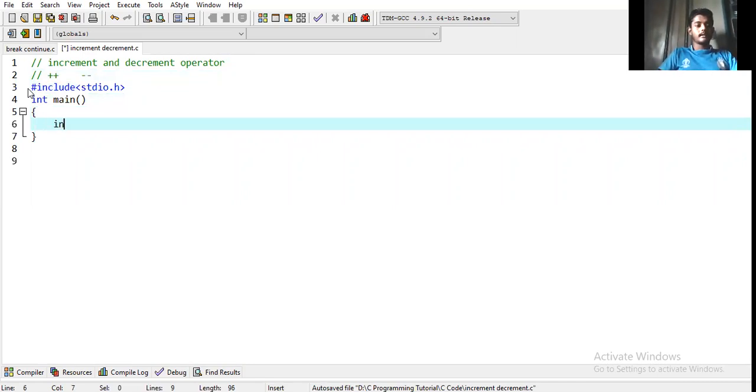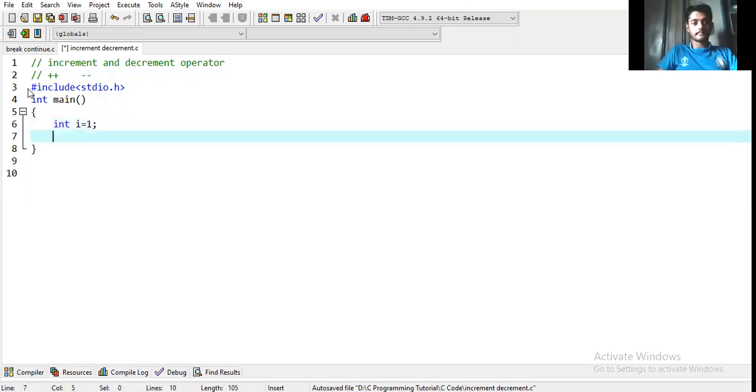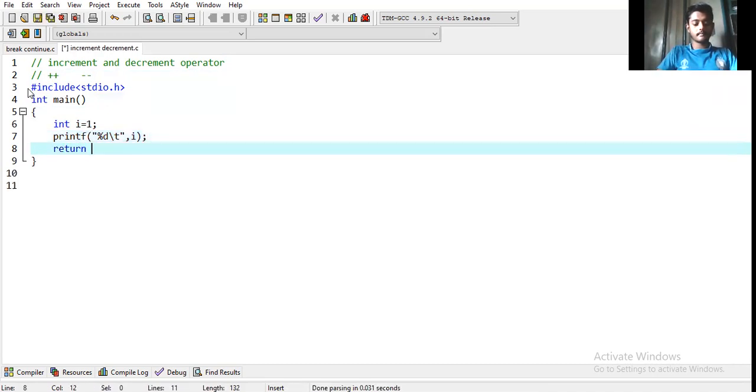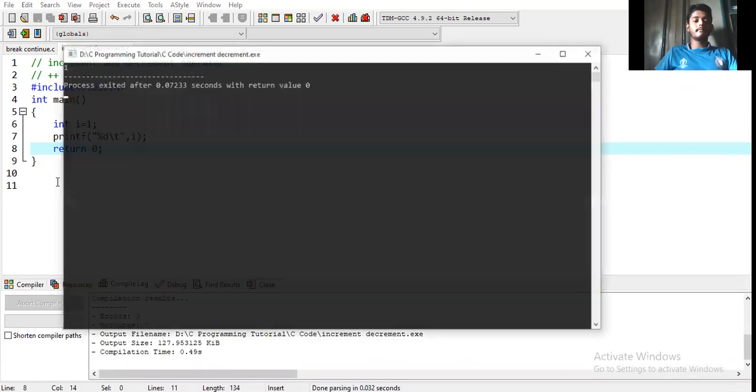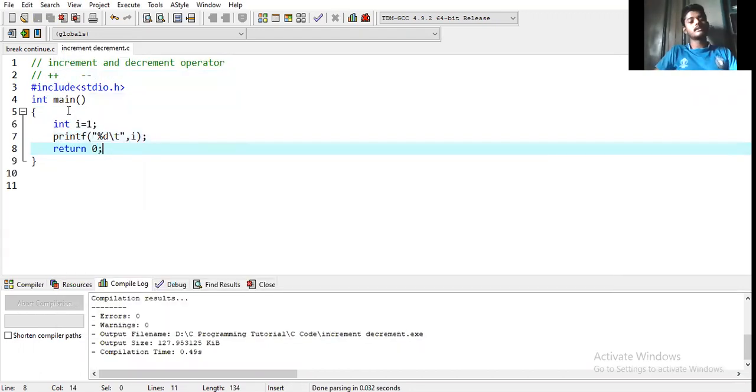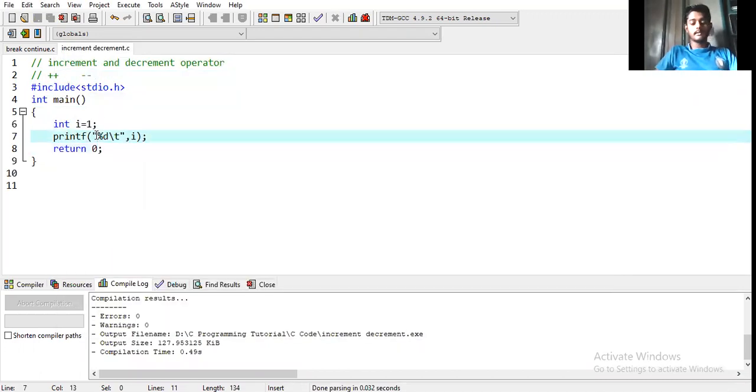I'm taking a variable int i equal to 1 and simply printing it. So you know this output will be 1.